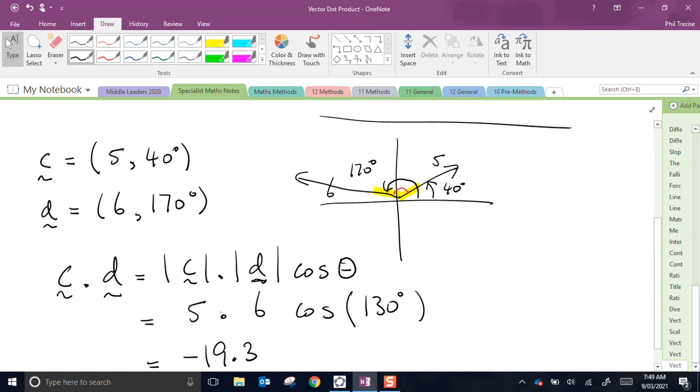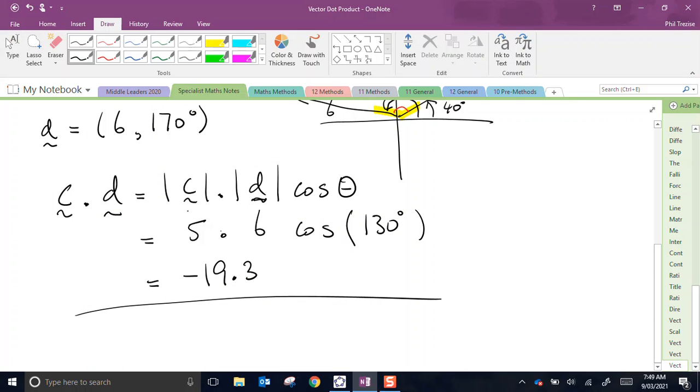If we have vectors in polar form, we draw a quick diagram, and the diagram is mainly to think about the angles so that I can find the smaller of the two angles between the vectors, the one with the little red arc there, and it's the difference, 170 take 40 in this case, but think about each one as you do it, and our rule is the length of C by the length of D by the cosine of the smaller angle between them. That's how we do dot products.